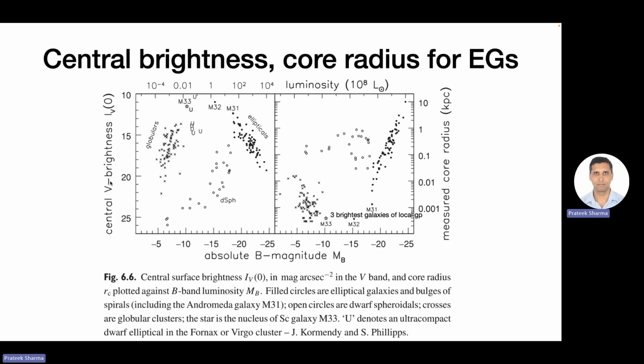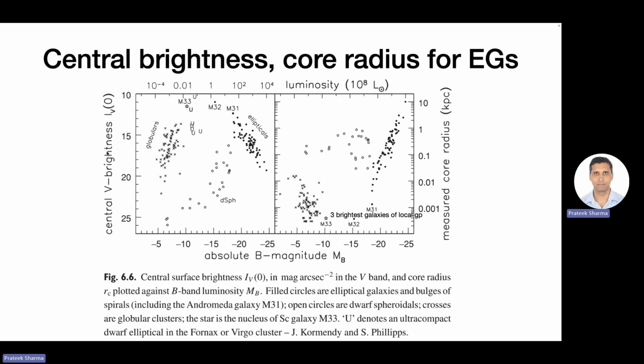Central V band brightness, I_V0. If you plot the surface brightness of a galaxy as a function of radius or angle, it has a maximum value at the center. That is plotted here as a function of absolute B band magnitude, M_B. Absolute magnitude is like luminosity, so the x-axis here is luminosity.